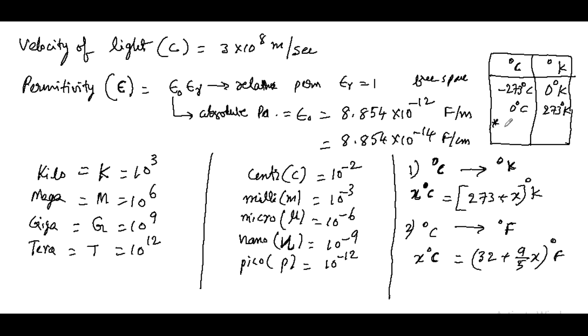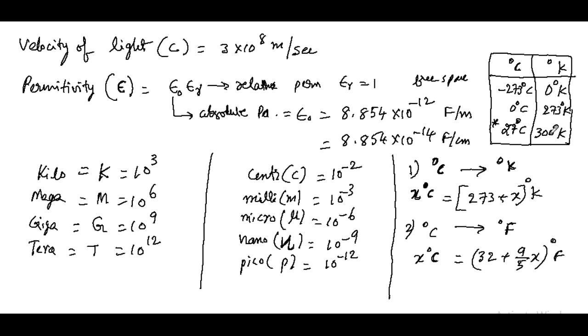Another very important standard value is room temperature. Wherever the room temperature word is used, immediately we have to take that value as 27 degrees Celsius. In terms of kelvins, that is 300 degree kelvins, because in the centigrade to kelvins conversion, 273 plus 27 becomes 300 degree kelvins.